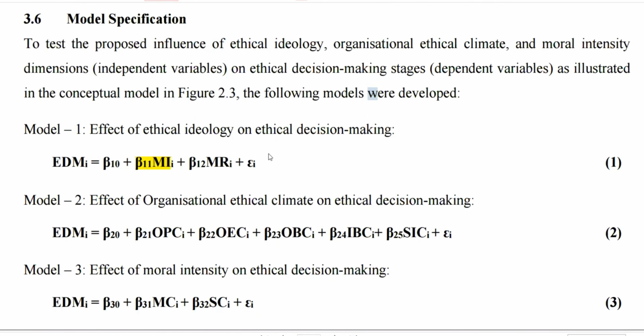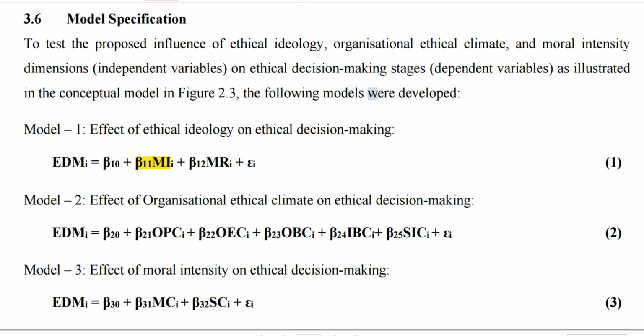EDM is a function of the first item, beta 0, which is a constant, plus the first main variable, MI, and the second main variable, MR. Your model can be as long as needed, depending on the number of variables that you are using.